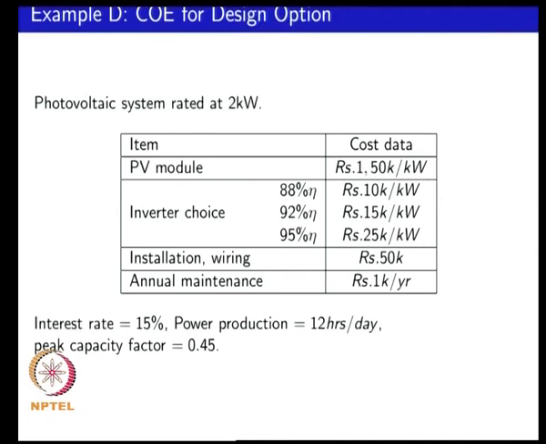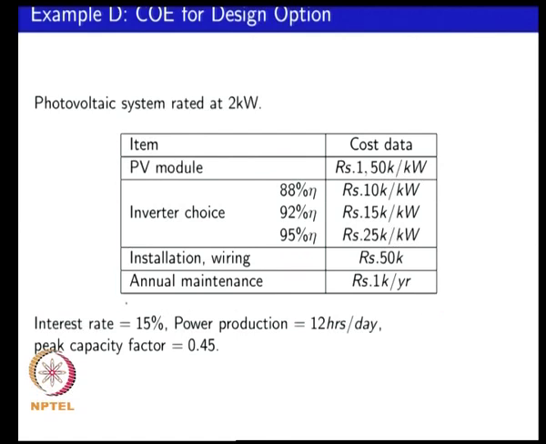We will also assume that the installation and wiring cost for installing this photovoltaic system is 50,000 rupees, and there is no major annual maintenance. You might have to clean the PV panels, and we will assume that it costs 1,000 rupees a year as annual maintenance cost.